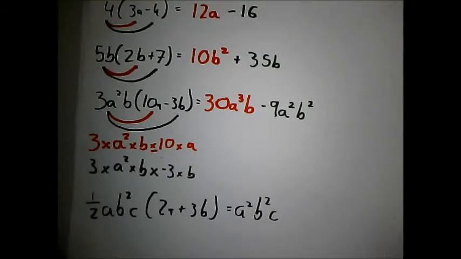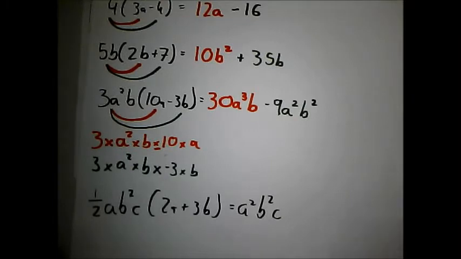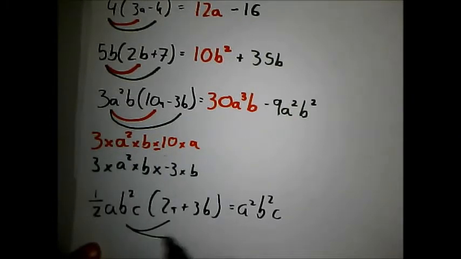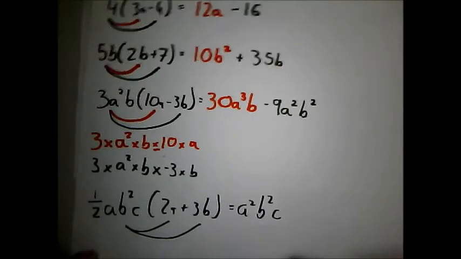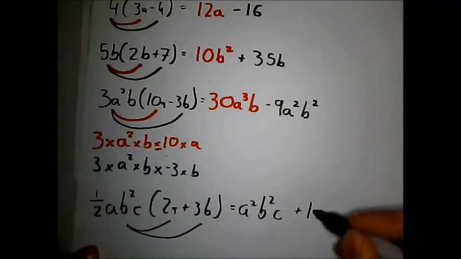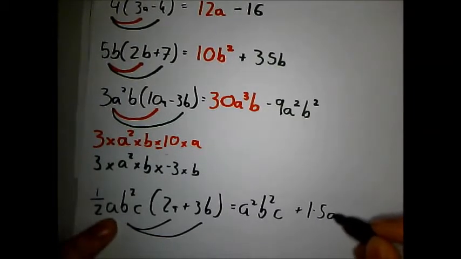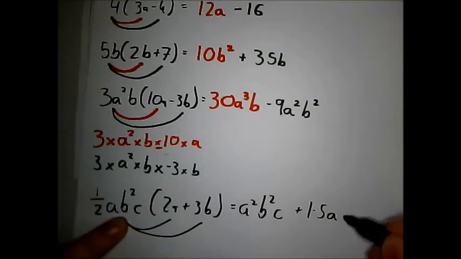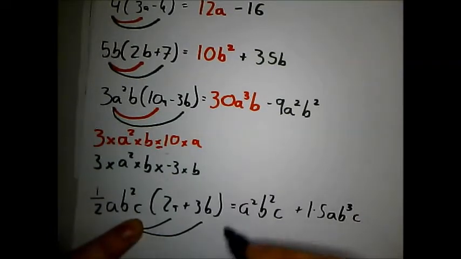And I want to now multiply it by 3b, so half of 3 is positive 1.5. Multiplied by a, b squared times b is b cubed, and c multiplied by, no more c's, will just stay as it is.